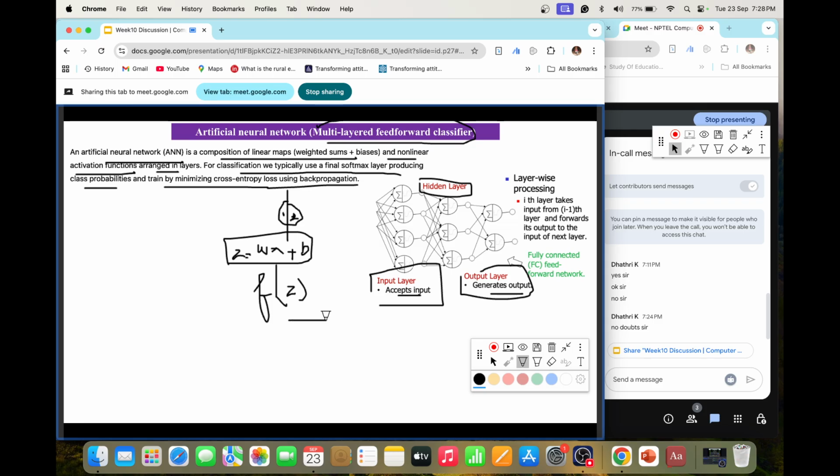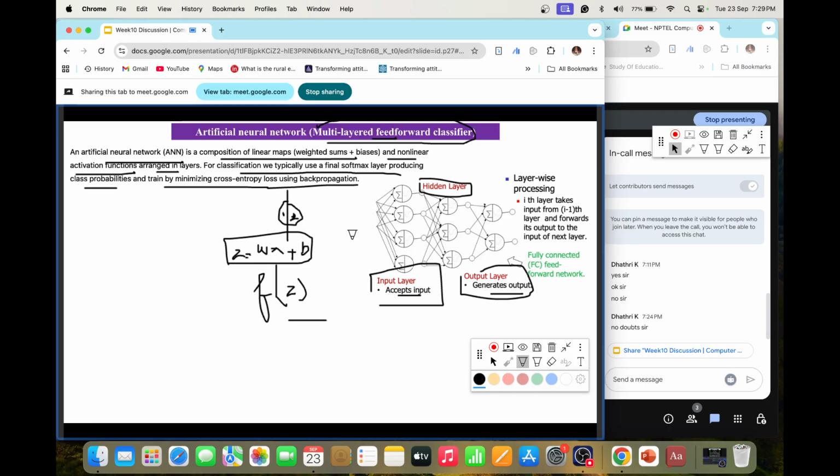This is the feed forward neural network. Why feed forward? Because information only goes in the forward direction. There is no arrow in the backward direction.